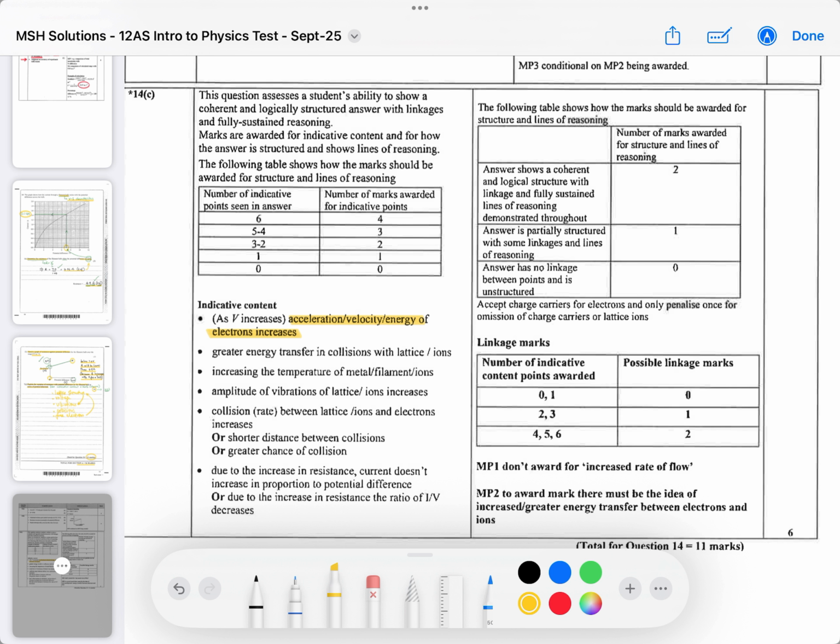And these faster electrons can transfer energy in collisions with the lattice structure, or the ions which make up the filament. This increases the vibrations and therefore the temperature of the ions or the filament itself.